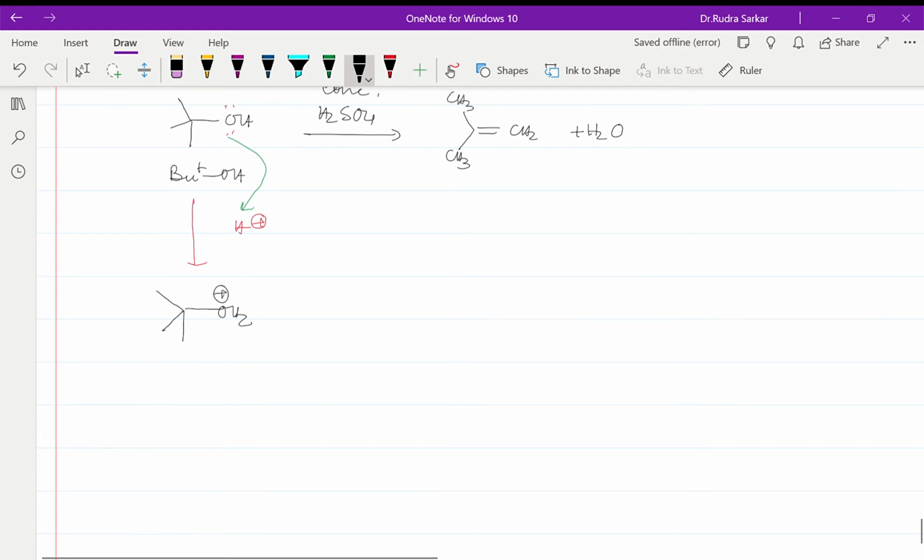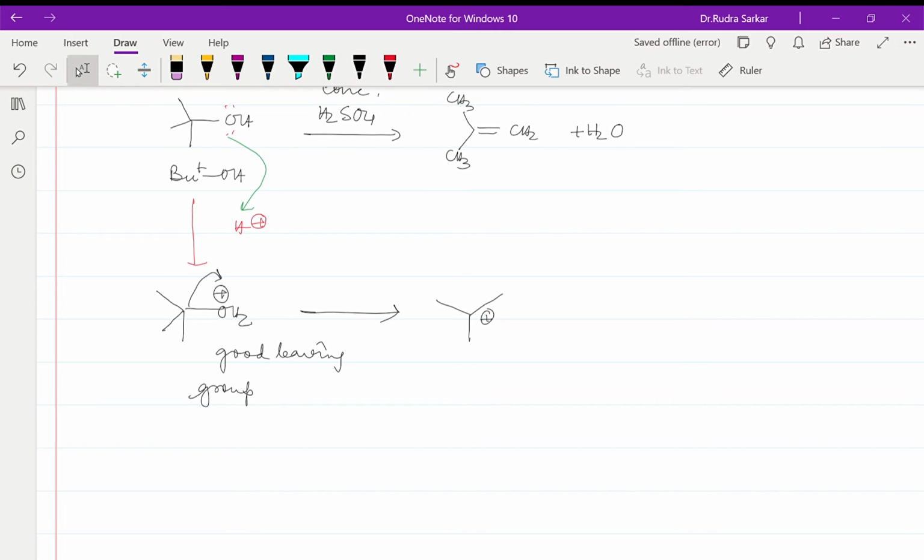It becomes from a bad leaving group to a good leaving group. In the next part of the reaction, OH2 will be released, this bond will be broken, and it will result in the formation of a carbocation.